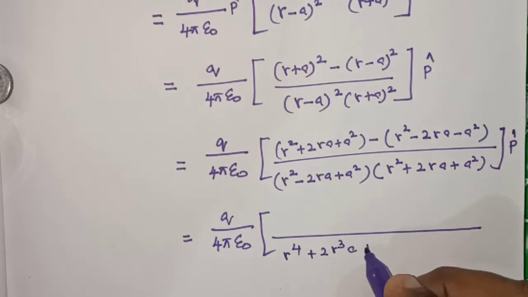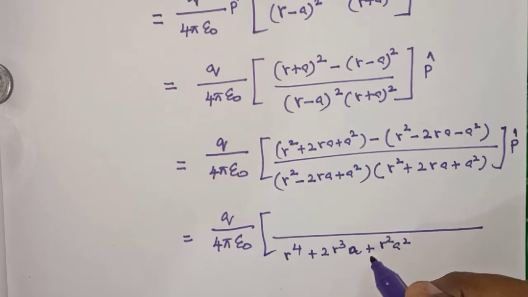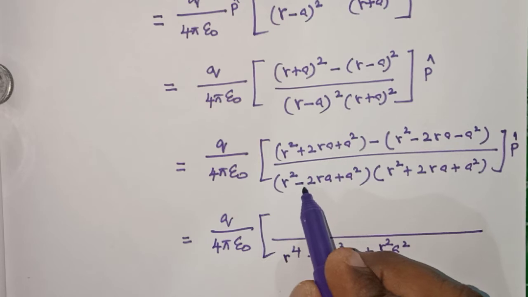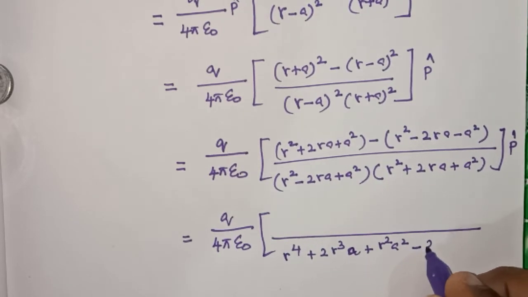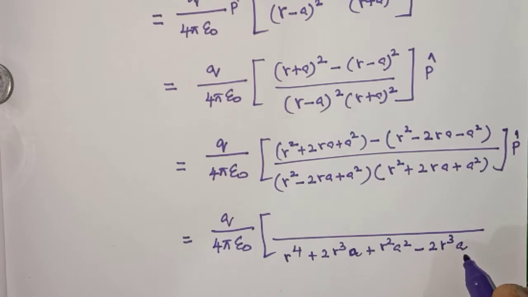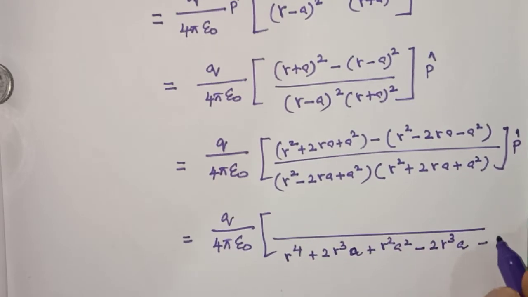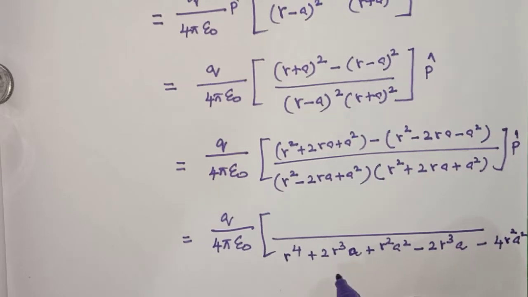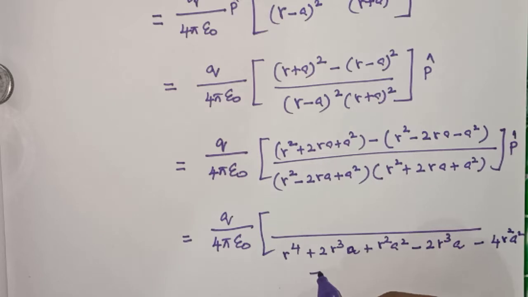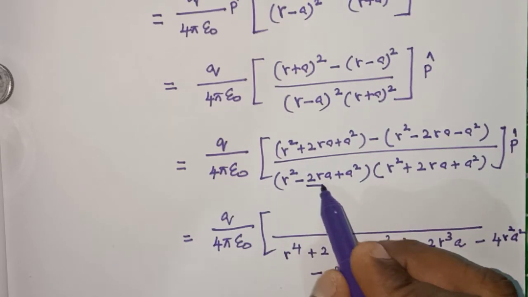Next, plus r square a square. So I am going to multiply the other value, minus 2ra into r square, minus 2r cube a. Okay, minus 4 r square a square. Okay, next minus 2ra cube, this value into this value.